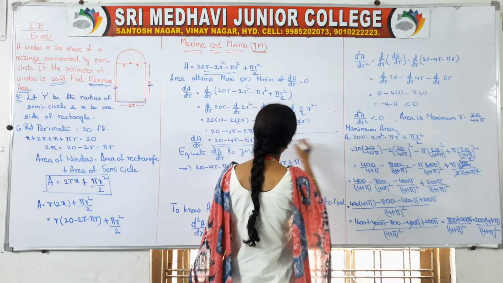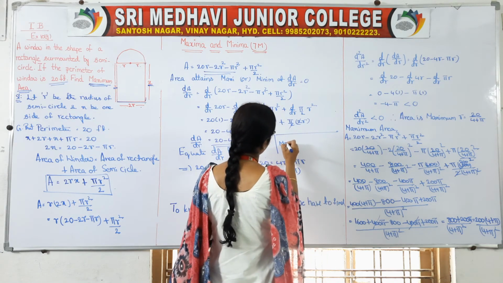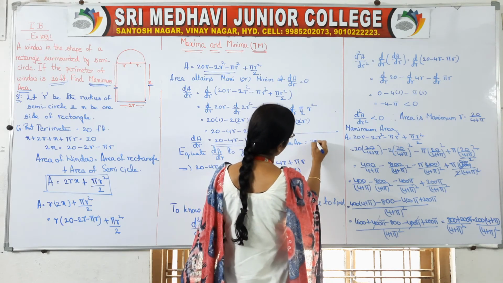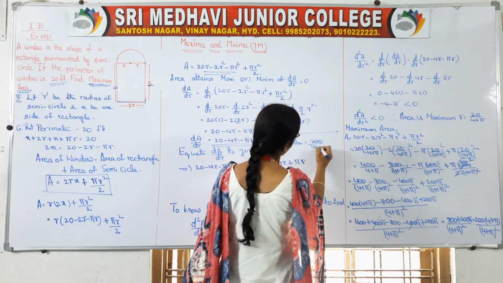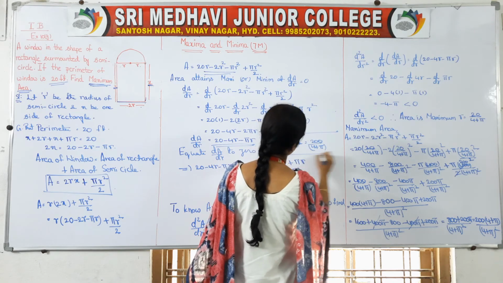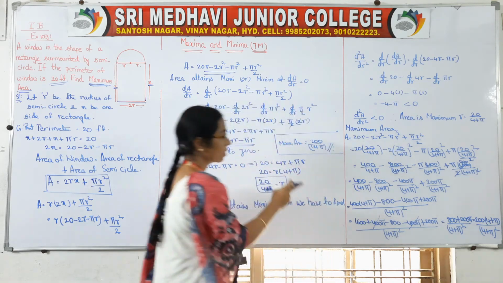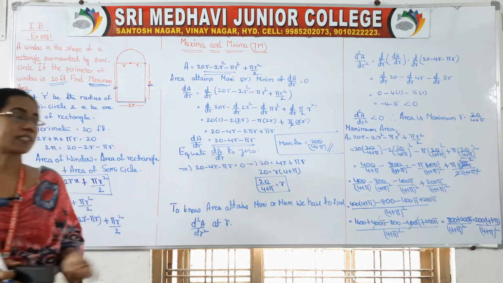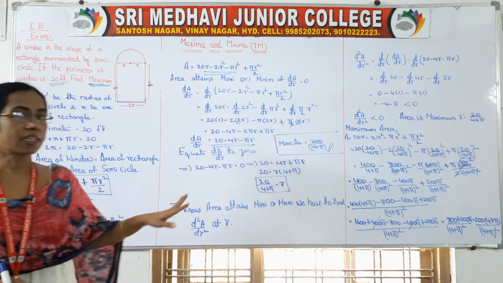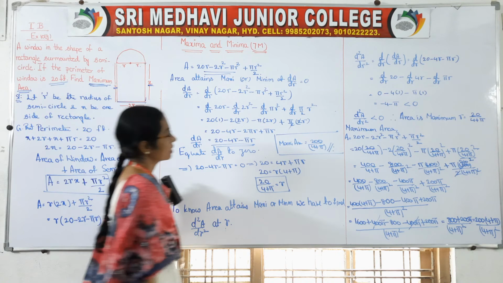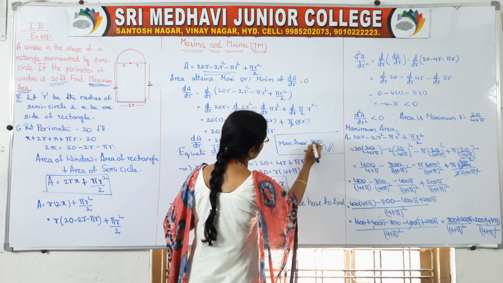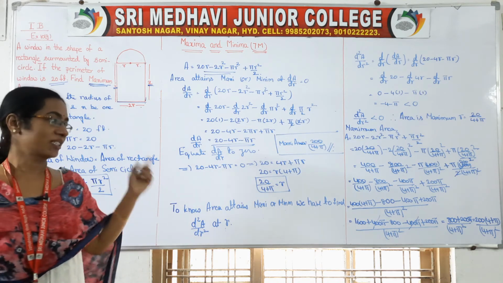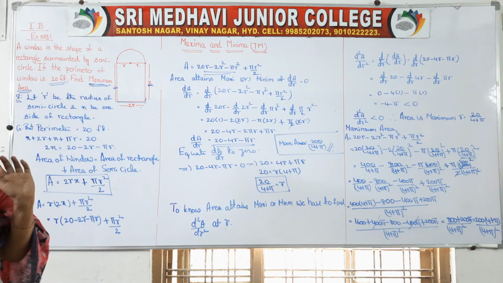So therefore maximum area is equal to 200 by 4 plus pi. That is the answer. Downwards 4 plus pi whole square is there, one 4 plus pi will get cancelled. So your maximum area is equal to 200 by 4 plus pi. Okay, so that is the answer of your question.